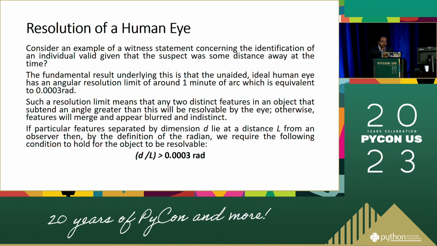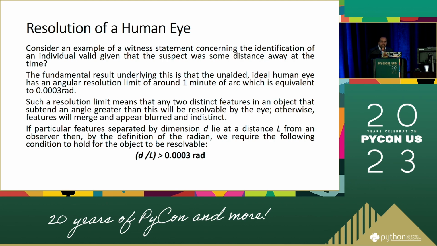The fundamental result underlying this is that the unaided ideal human eye, that is, without using any additional devices, has an angular resolution limit of around 1 minute of arc, which is equivalent to 0.0003 radians.